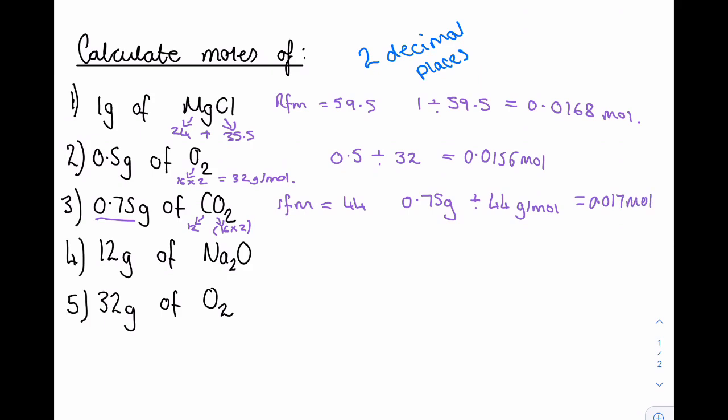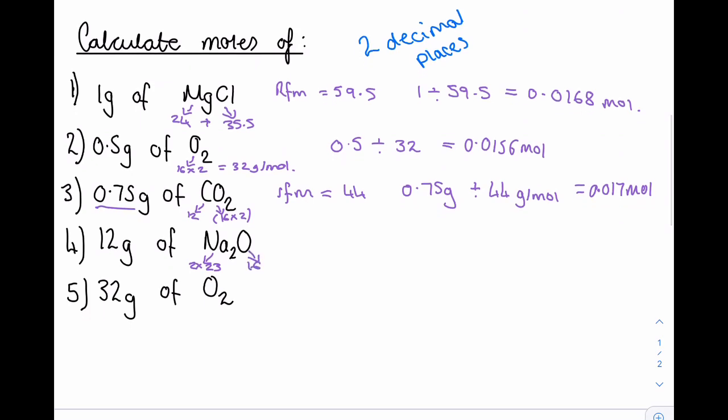Here, to work out your RFM, there's going to be 2 times 23, because that's the big number for Na. The small number is 16, so when you add those together, the RFM is going to equal 81.5. So therefore you're going to do 12 grams, because that's the mass, divided by your RFM, so divided by 81.5 grams per mole, which gives you an answer of 0.15 moles.